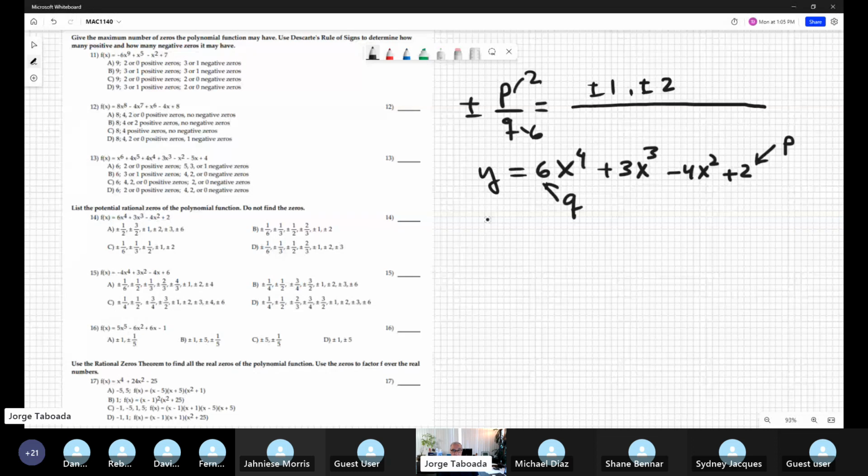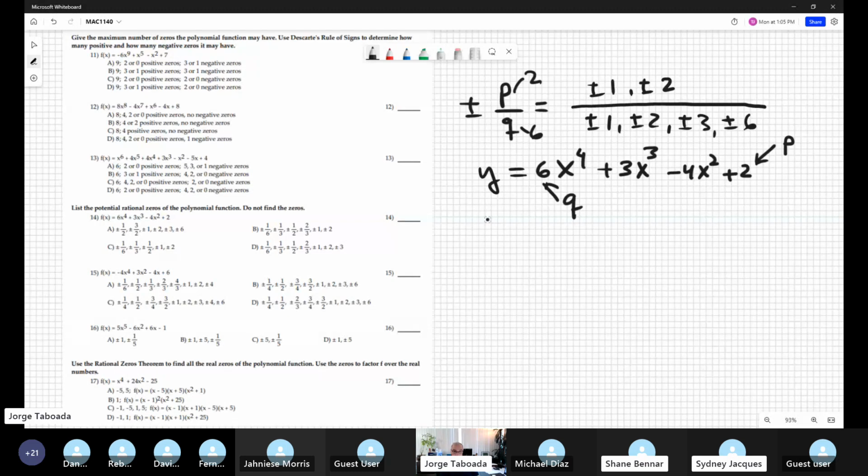Entonces now q is plus or minus 1, plus or minus 2, plus or minus 3, and plus or minus 6. Do you understand this or no? Okay, entonces what is the list of the hypothetical rational zeros? It's important to understand that these theorems do not guarantee the existence of this zero.